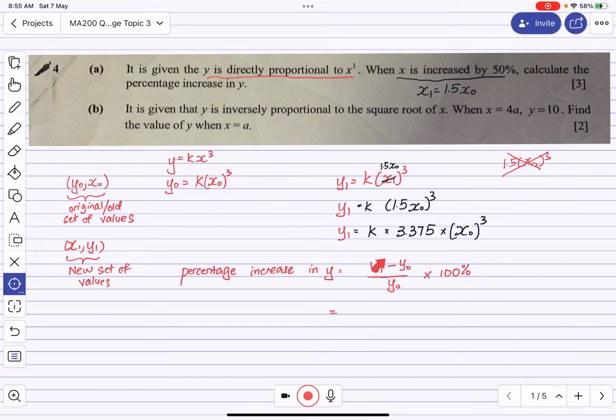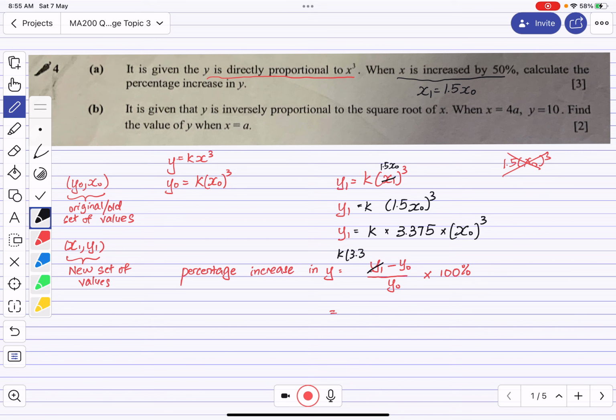So y1 is replaced with k multiplied by 3.375 of x naught cubed, and my y naught will just be k of x naught cubed.